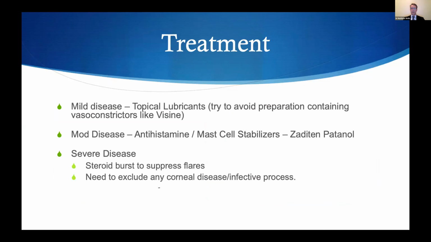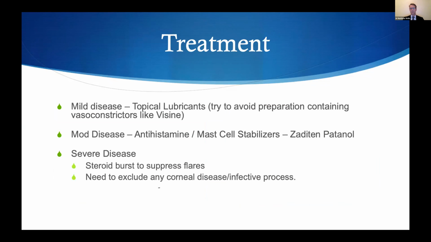So this is my typical treatment step ladder. For very mild disease, you can often get away with just preservative-free lubricants for patients. They refresh the eye, they get rid of that itchy, burny kind of feeling. And sometimes that's all that's required. I try and avoid the preserved bottles and go for the preservative-free, the little ampules.